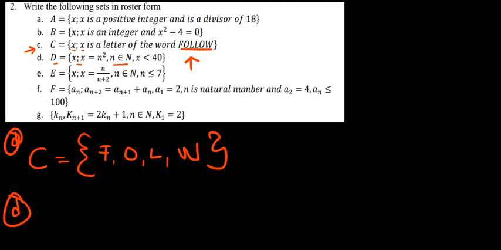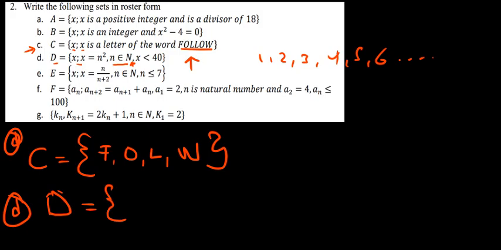So n there should be a natural number, meaning the numbers 1, 2, 3, 4, 5, and so on until positive infinity. So how are we going to list that set D?